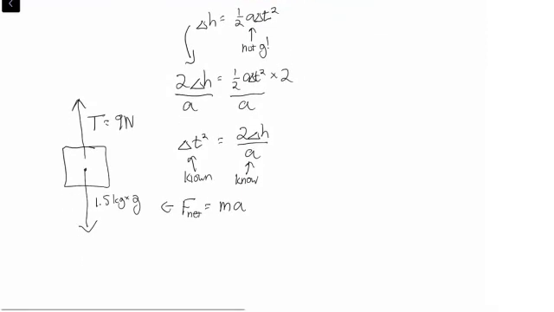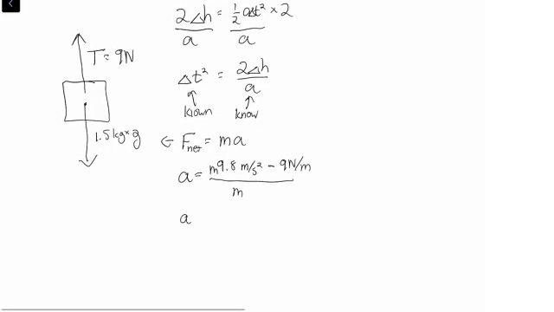So the acceleration is 9.8 meters per second squared minus 9 newtons over the mass, 9.8 minus 9 over 1.5, which is 3.8 meters per second squared.